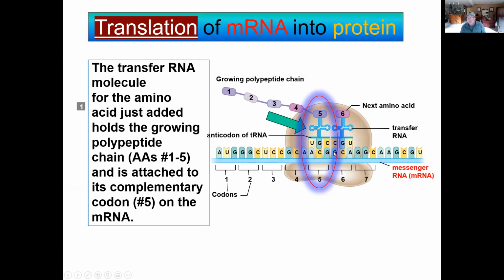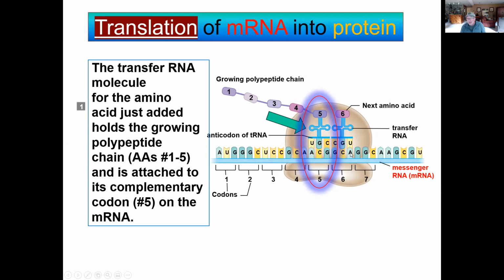The same thing has happened already in the next codon, whose sequence is GCA. That transfer RNA that's brought number 6 to be added has to have the proper anticodon sequence to complement the codon of the 6th codon listed.